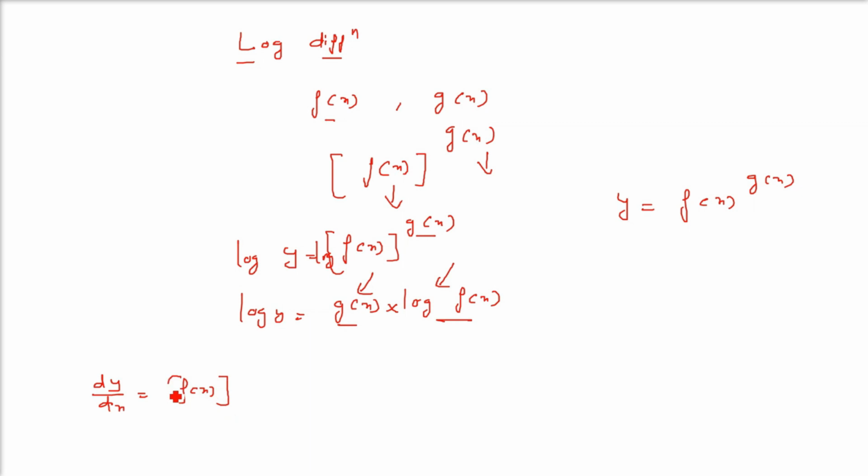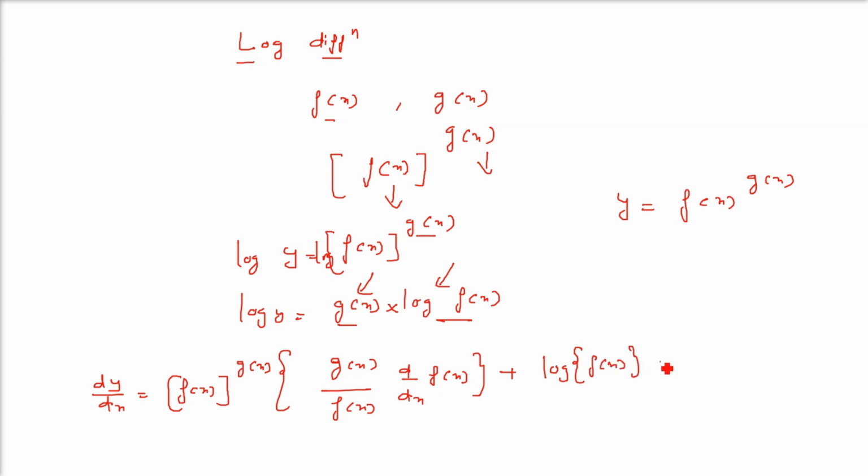It will be f(x) to the power g(x), that is the original function y, into g(x) by f(x) times the differentiation of f(x), this is the first part, then plus log of f(x) along with the differentiation of g(x). So this is the result. I don't want you to remember it, because when we do the question you'll see how this final result will come.